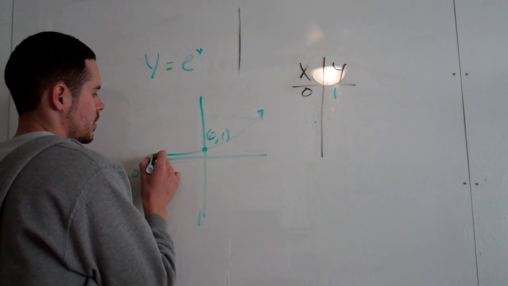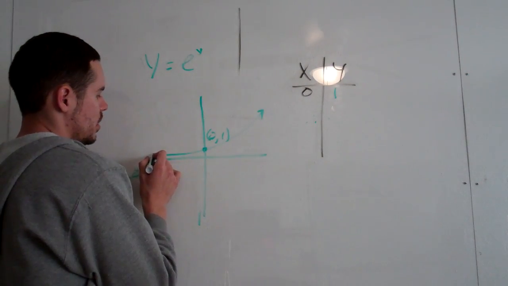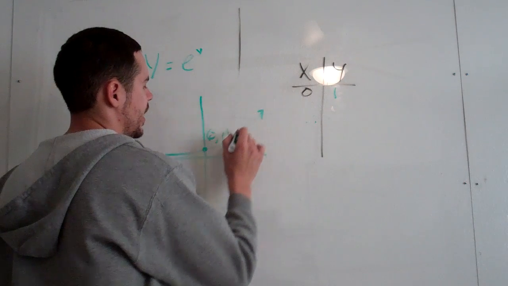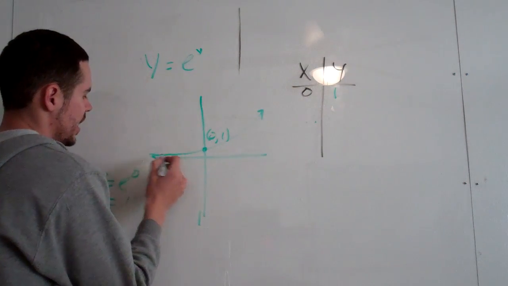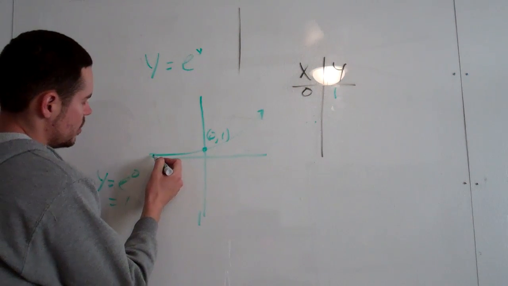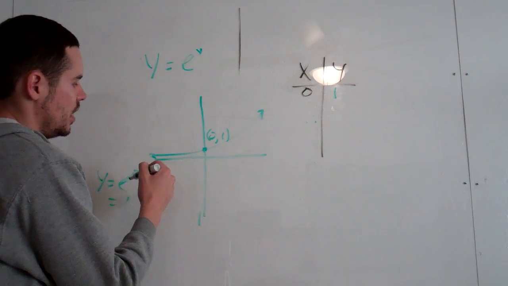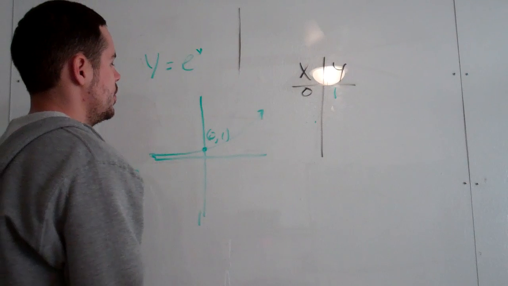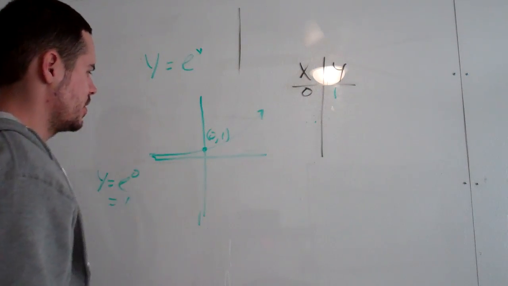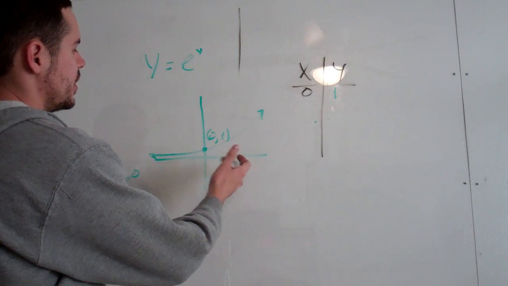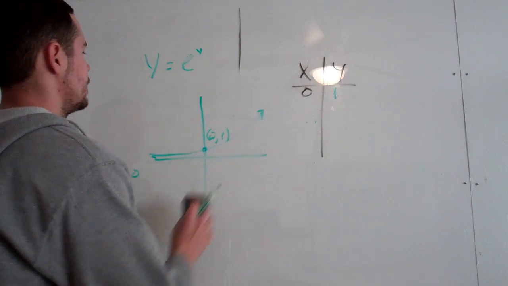And so the graph goes through 0, 1, and up into infinity. And same here. It goes to infinity this way, and it gets closer and closer to this x-axis, but it never actually goes through it. And so there's an interesting graph. Make sure you memorize it, because later on if you're plugging in numbers, then you're going to want to know that your graph is going to look like this.